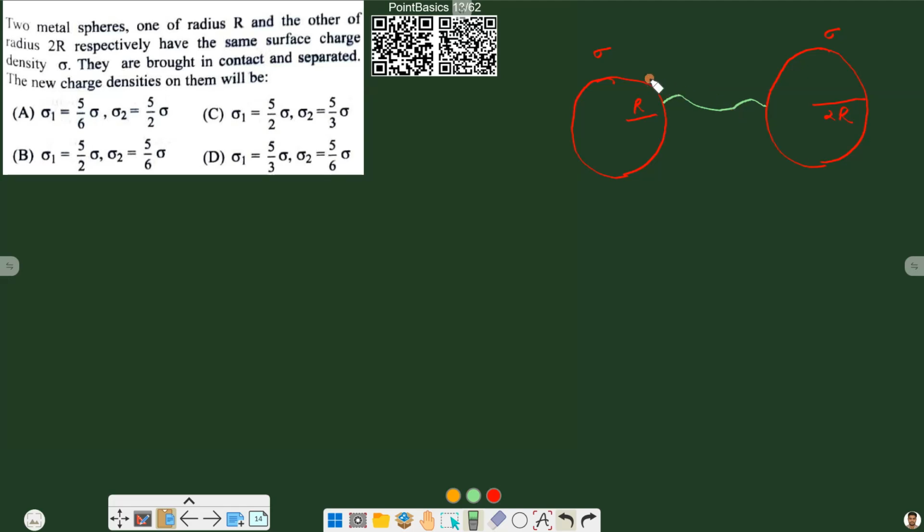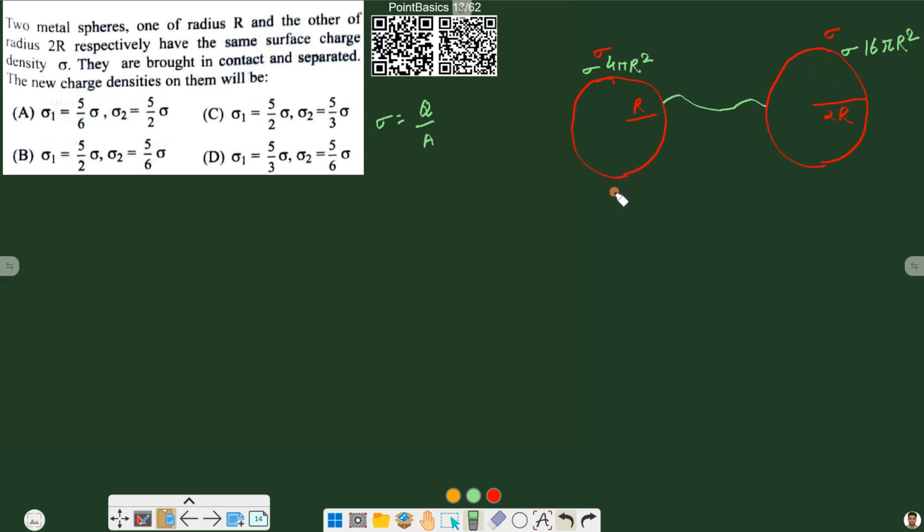So suppose their initial charges will be, as we know that charge density sigma is equal to charge by surface area 4 pi r square. So their initial charges will be sigma times 4 pi r square and sigma times 4 pi into (2r) square, that is 4r square again, so sigma times 16 pi r square. These are their initial charges.